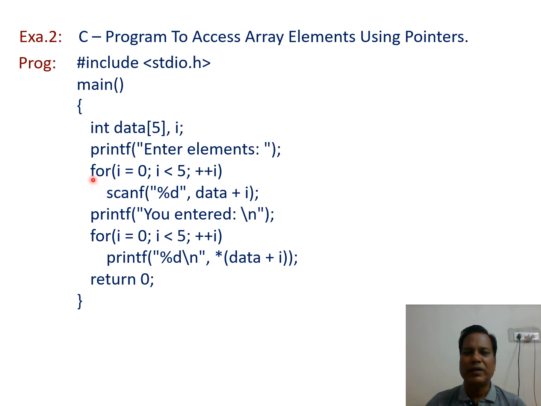So for I, using the for looping statement, for I equal to 0, semicolon, I less than 5, plus plus I. So using this statement here, we store the data in the specified memory location, because the name of the array indicates the address of the first memory location. So the first memory location, that is here 0. So memory location plus 0 becomes the same.